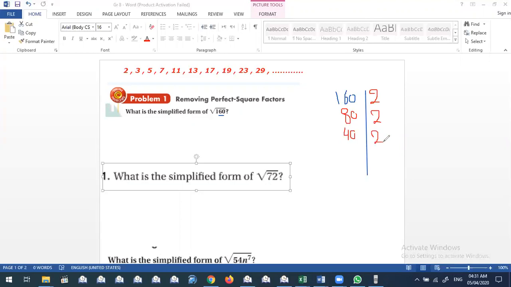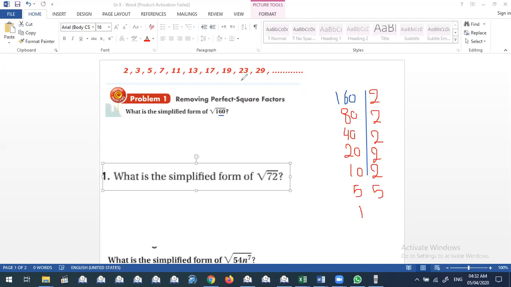40 divided by 2 is 20. Also, we can divide 20 by 2, which is 10. We can divide 10 by 2, which is 5. 5 cannot be divided by 2, only by 5, because 5 divided by 5 is 1. So the factorization of 160 using the prime numbers is 2, 2, 2, 2, 2, 5.